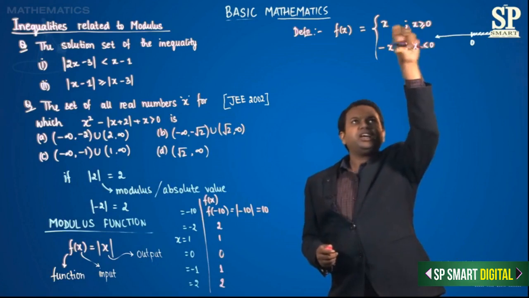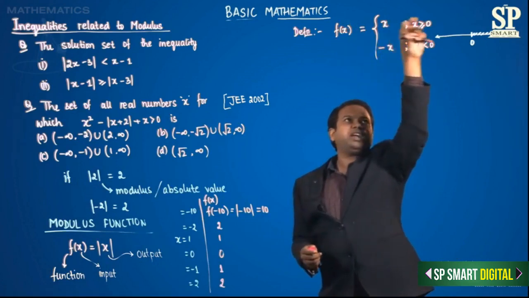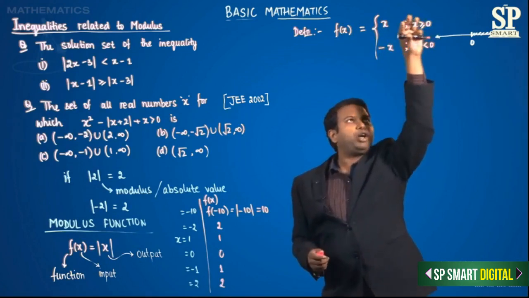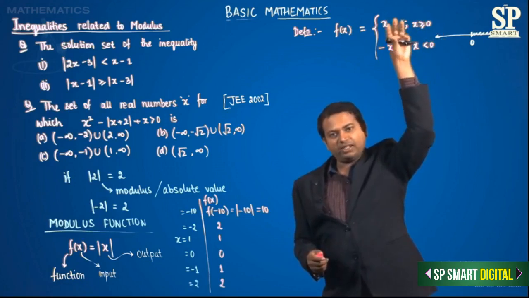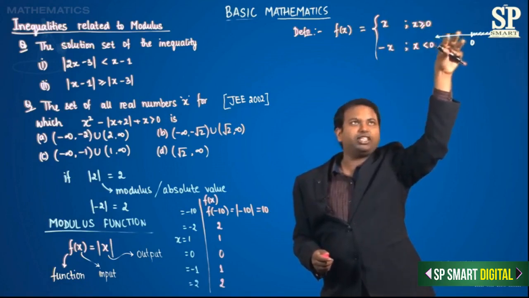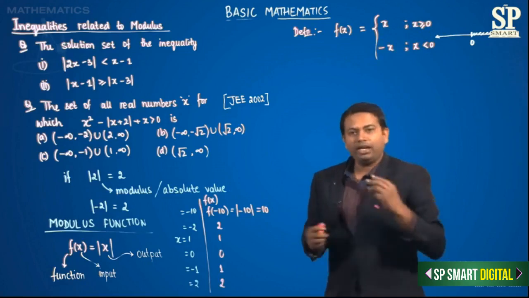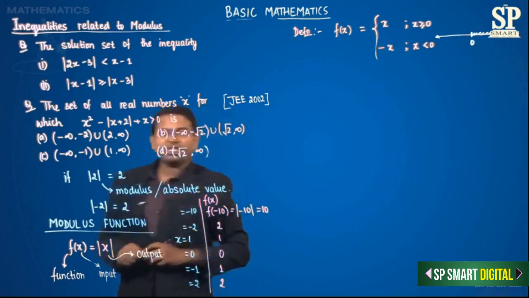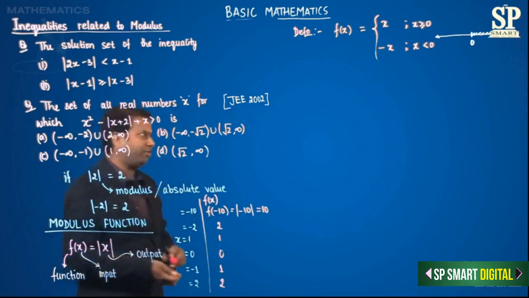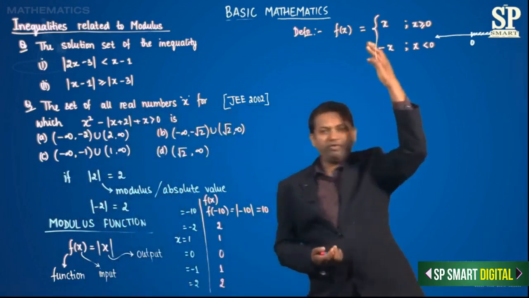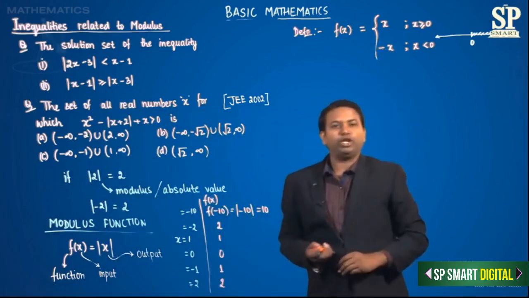So basically this function is defined in two parts. Part 1, where x is either 0 or positive, greater than 0, and the second part where x is less than 0. So this is about the definition of the function, which is mod of x, or we also call it absolute value.